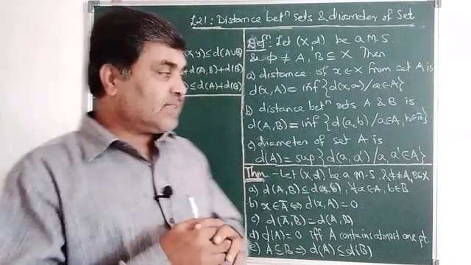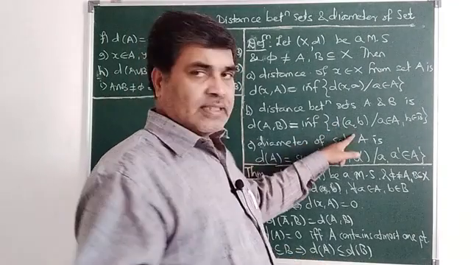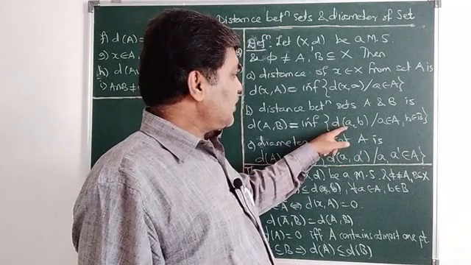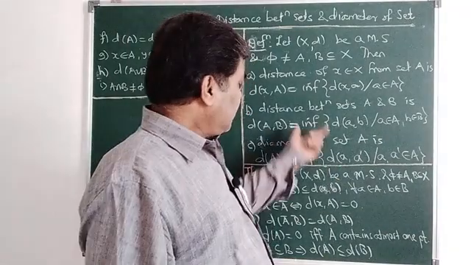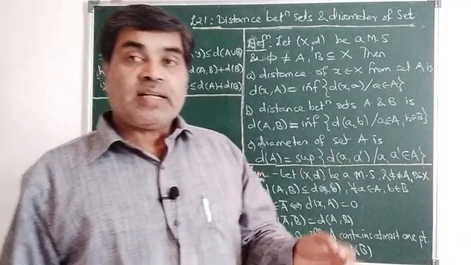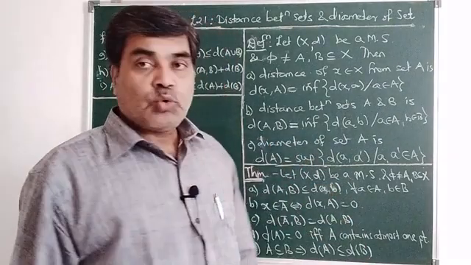What is it exactly? If I compute the distance between any 2 points, where one is from A and the other is from the other set B, and take the infimum of that, that infimum defines the distance between the two sets.